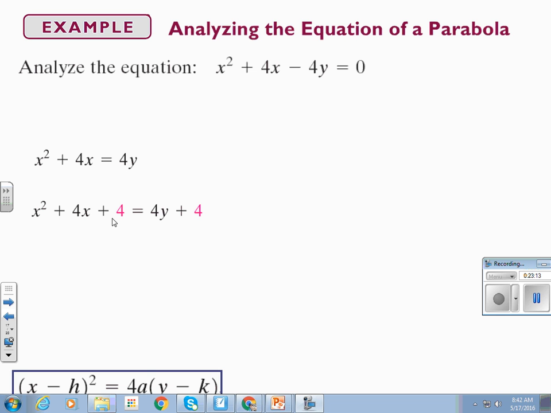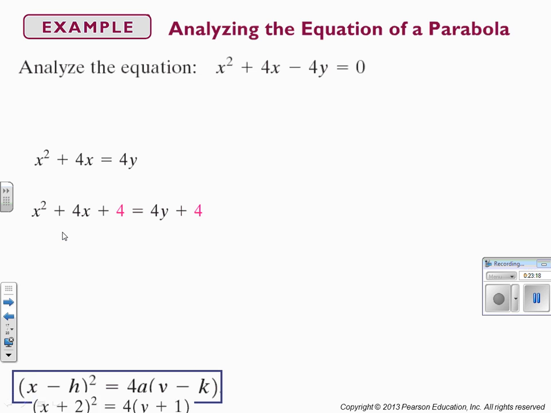That makes this a perfect square, and we can rewrite it as x plus 2 squared. We go ahead and factor out the 4 on the right-hand side, and we get 4 times parentheses y plus 1. So now we can clearly see that h is negative 2, k is negative 1, and a is 1.